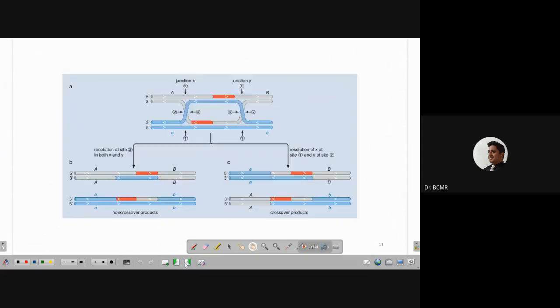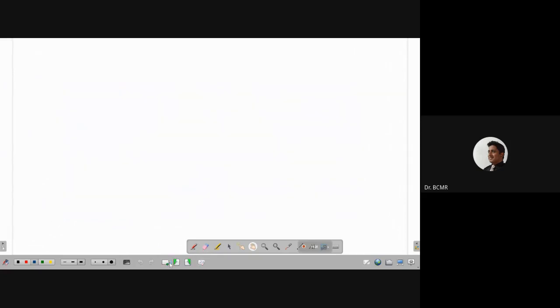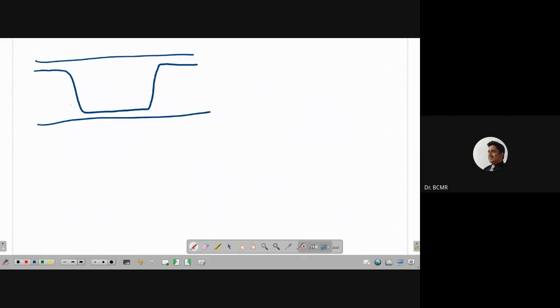Before going, I will try to explain a few things. I'll quickly draw a Holliday junction and I hope you will be able to follow along and try to solve it. You already did that, so it should be fine. I'm going to write the names.